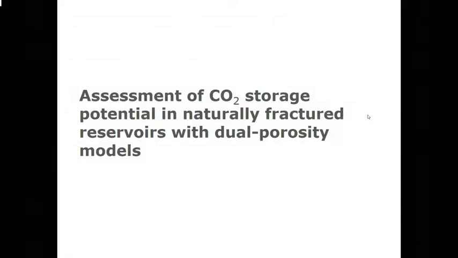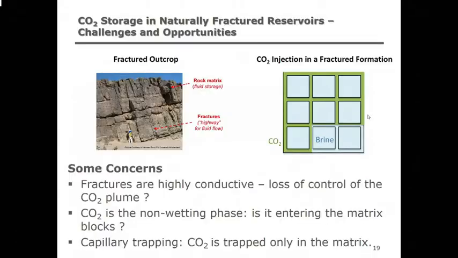So now that I've presented a general idea of dual porosity models, I want to explore how we can use this simple dual porosity model to assess whether there's any CO2 storage potential in naturally fractured reservoirs. When we look at CO2 storage and take this cartoon representation, we will have the CO2 first quickly residing in the fracture network, because of the highly conductive fractures.